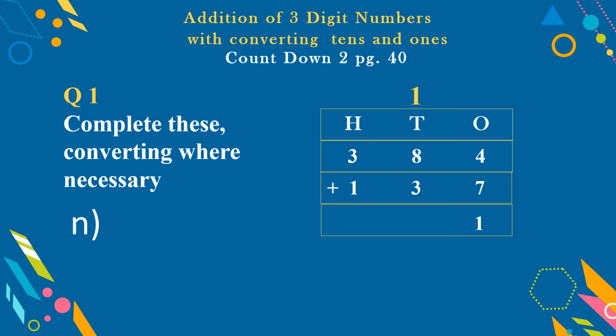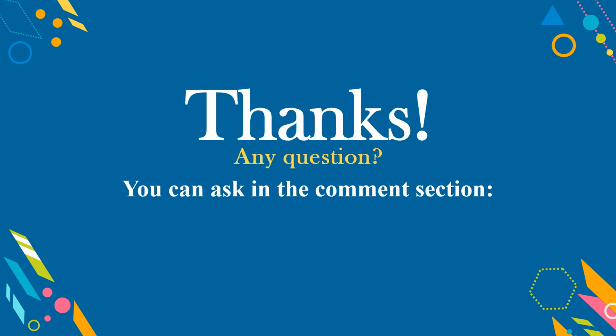Now in tens column we have 1 plus 8 plus 3 equals 12. So write 2 in the tens place of the answer and 1 to the top of the hundred column. Now in hundred column we have 1 plus 3 plus 1 equals 5. So write 5 in the hundred place of the answer. So answer for this problem is 521.